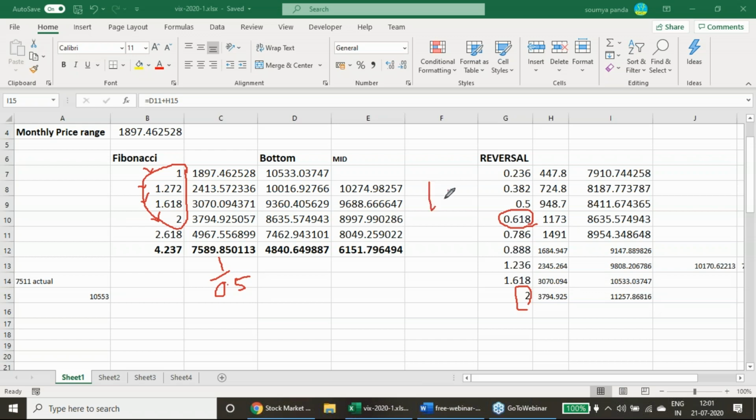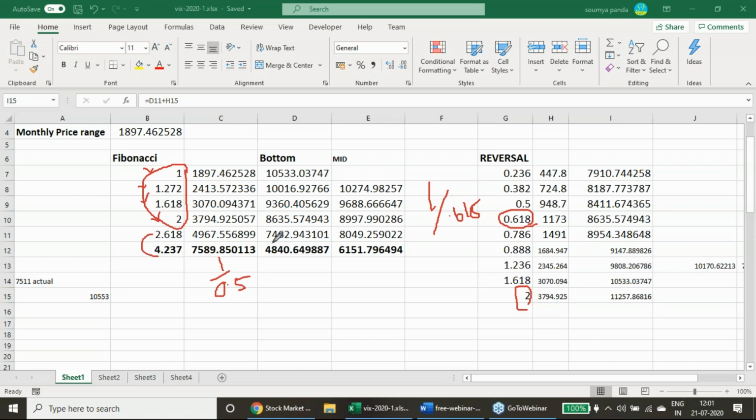If you divide 1 by 0.618, you will get 1.618. So these are the inverse ratios. Post this inverse ratio, the growth ratios start. So this is 2.618, 4.237. These are the growth ratios.